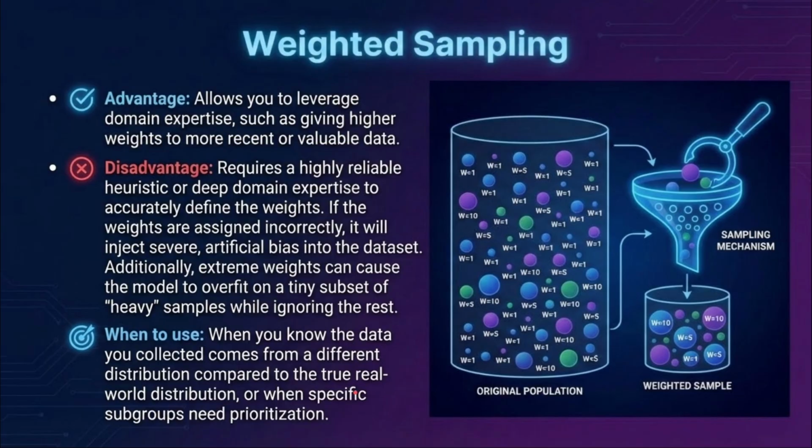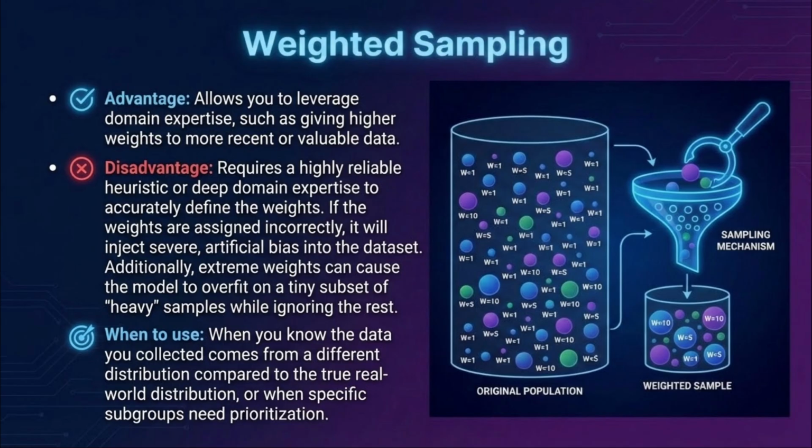Weighted sampling, like I said, allows us to leverage our domain expertise to give higher weights to more recent data or some valuable data or classes. But the disadvantage is that when we add a weight to some class, we are injecting some bias into our model toward that particular class.